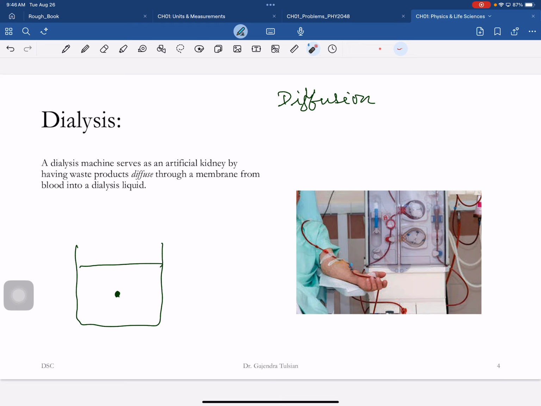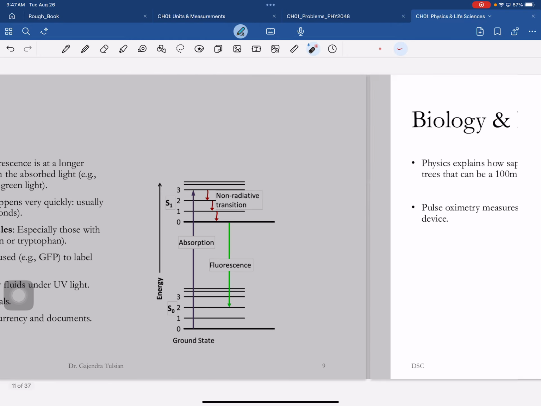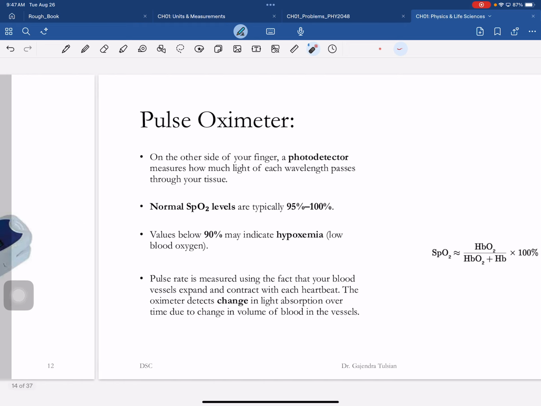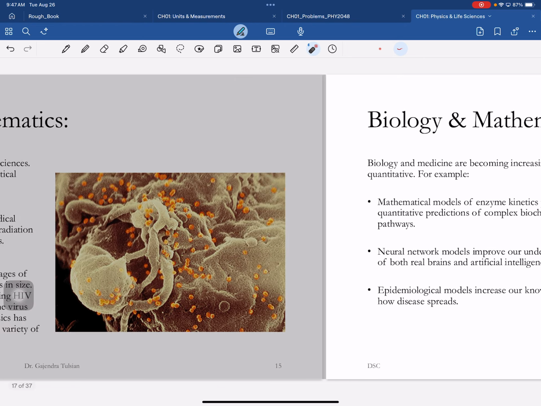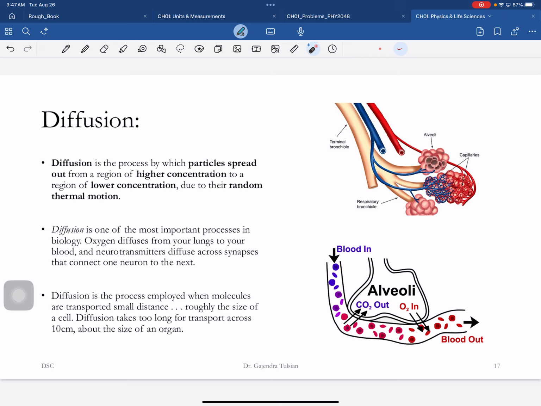In your body, you use that process wherever you have to transport stuff over the distance of a cell. For instance, here are your lungs, and here are the alveoli in your lungs.